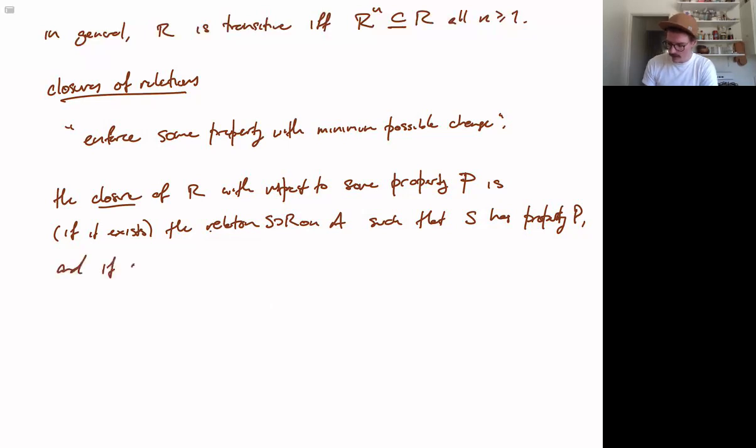So if R is contained in another relation T and T has property P, then S is also contained in T.